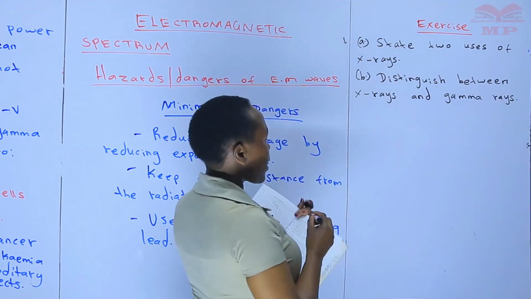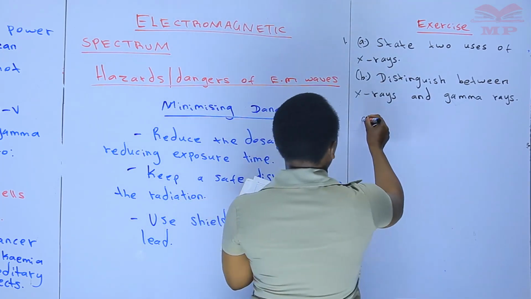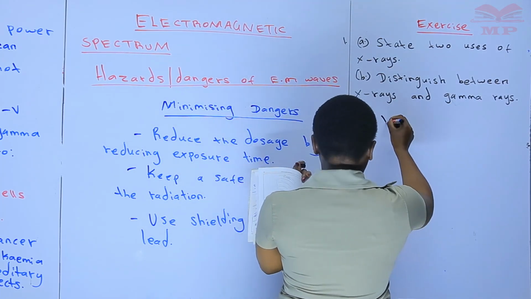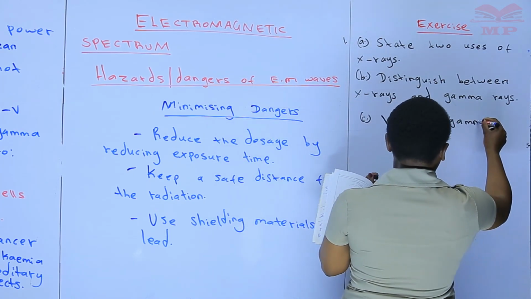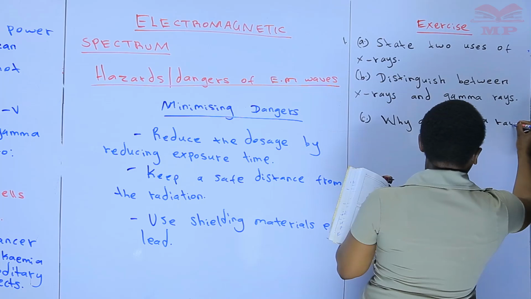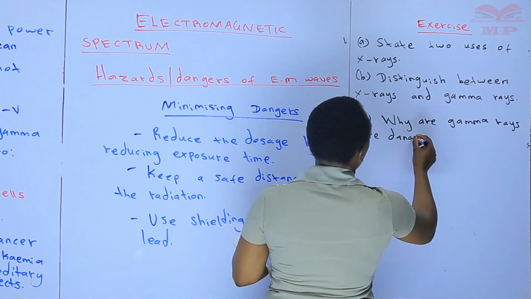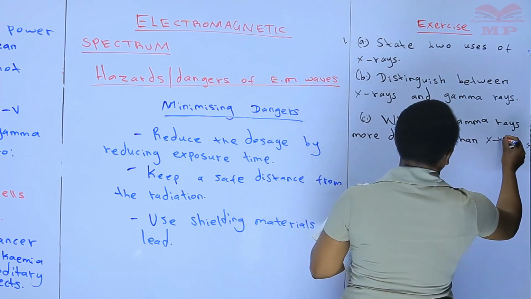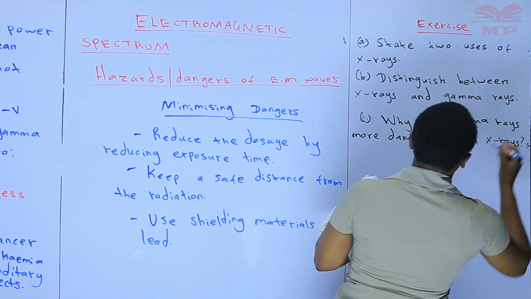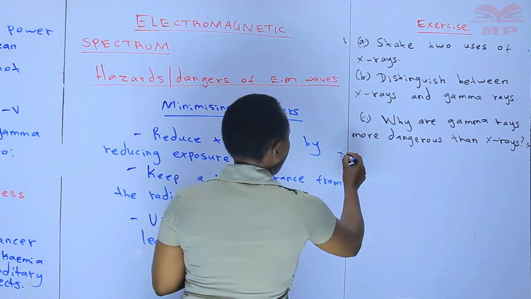Distinguish between X-rays and gamma rays. And number C, why are gamma rays more dangerous than X-rays? Why are gamma rays more dangerous than the X-rays?